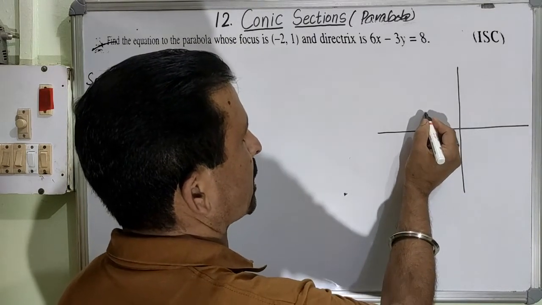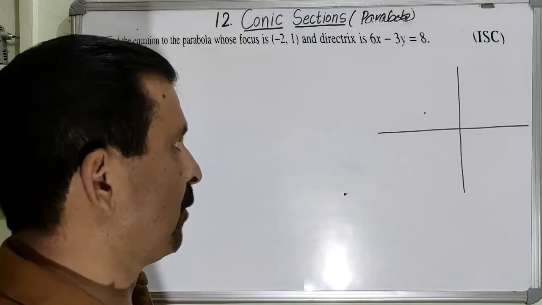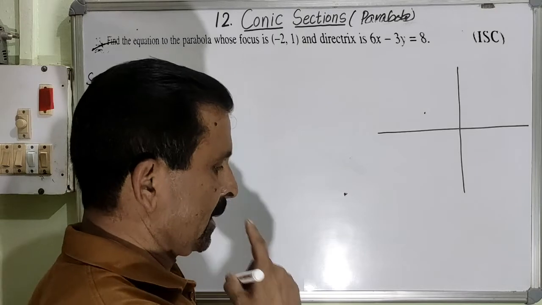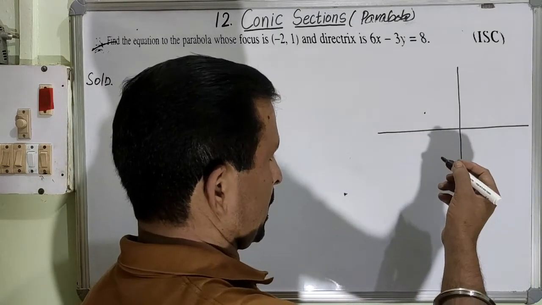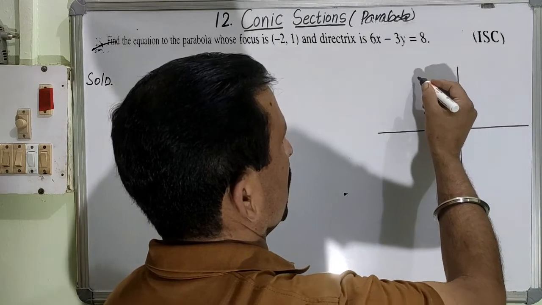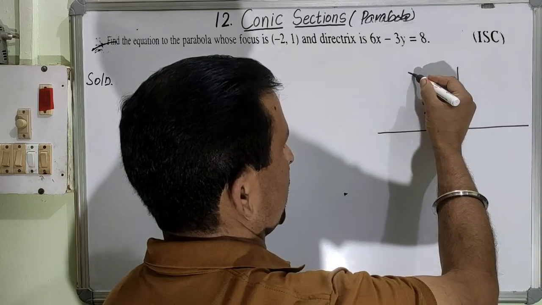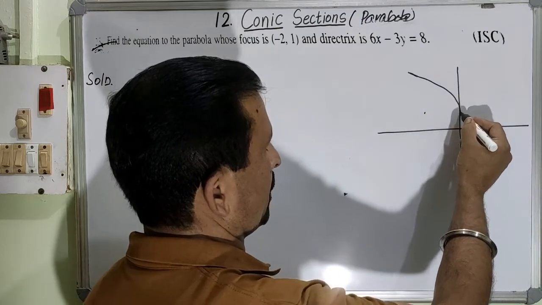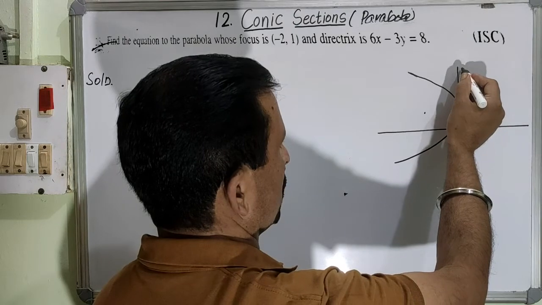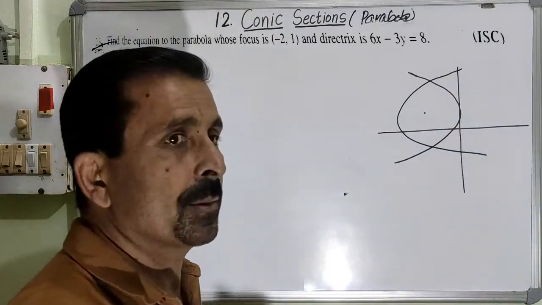-2 and 1 somewhere here. This is the focus, right? And then we have the equation. Now when the focus is given that way, maybe the parabola is a left hand parabola, or maybe the parabola could be a right hand parabola, right?